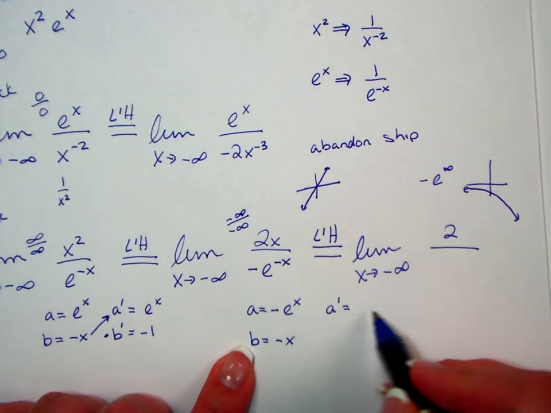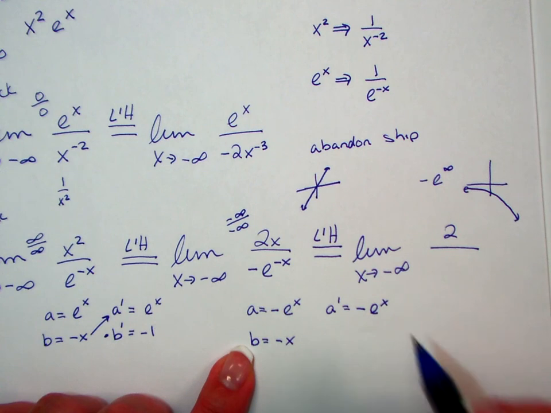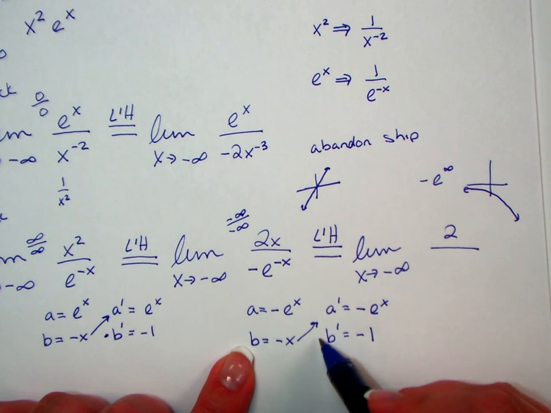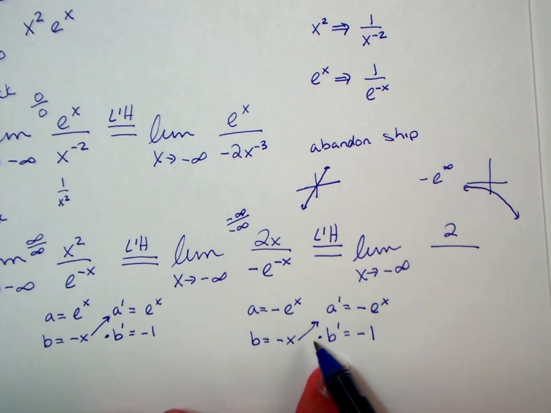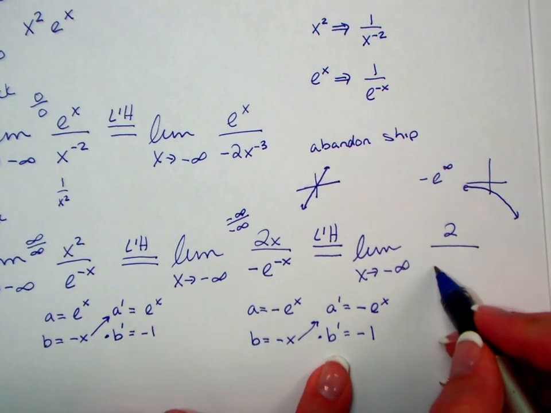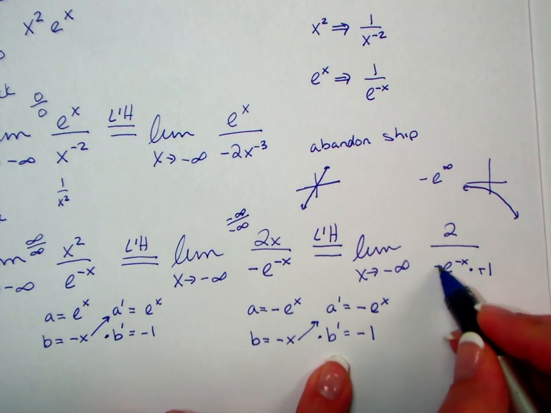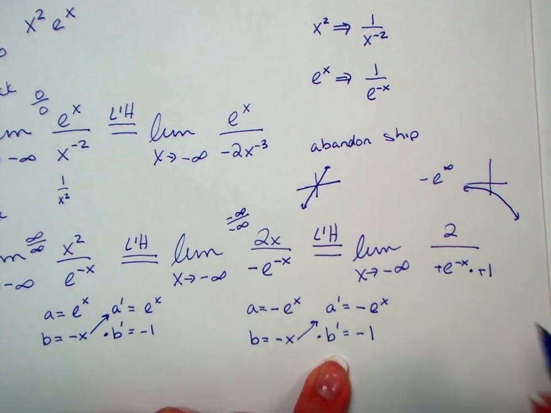So the derivative of the outside is negative e to the x and the derivative of the inside is negative 1. Plug b into a prime times b prime, I'm going to get negative e to the negative x times the negative 1. So this just changes it to positive, right? So I get 2 over positive e to the negative x.